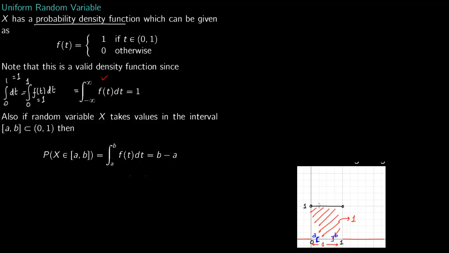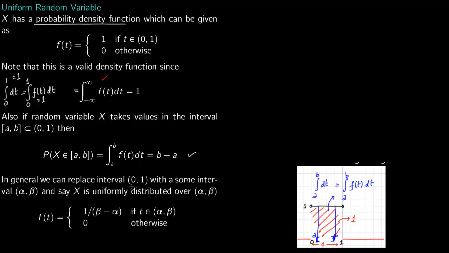So that is given by this small area. And you see f of t is just 1. So this will become equal to the integral of a to b dt, and that clearly gives us b minus a.